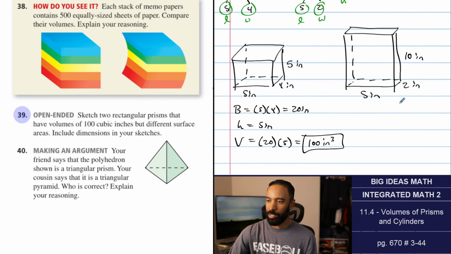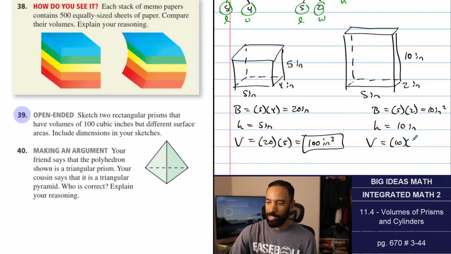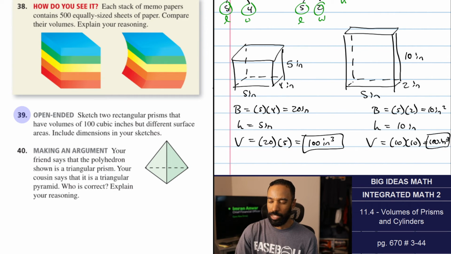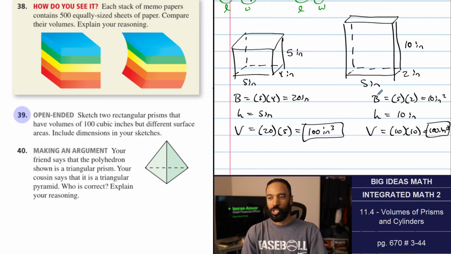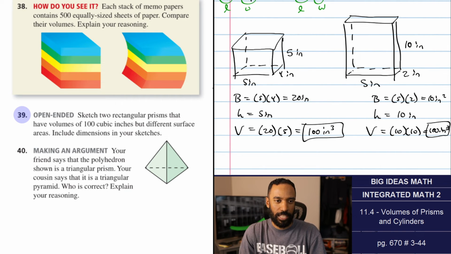This one here has an area of base of 5 times 2, which is 10, and a height of 10. And the volume is 10 times 10, which is 100. Obviously it works out because the numbers I chose were factors of 100. So yes, they will have different surface areas. That's open-ended, so you can choose what you need to. Probably could have done square root of 10, things like that, but that's okay.